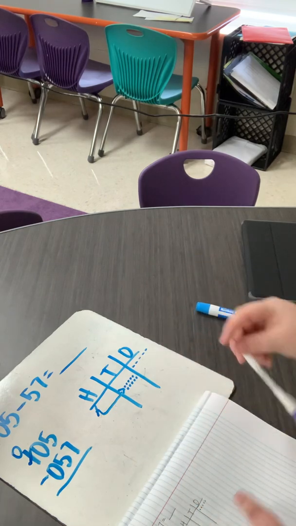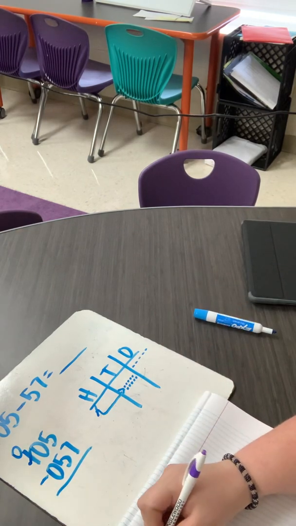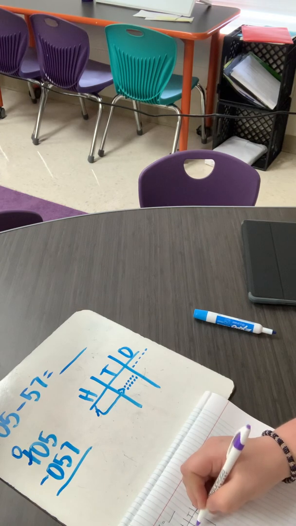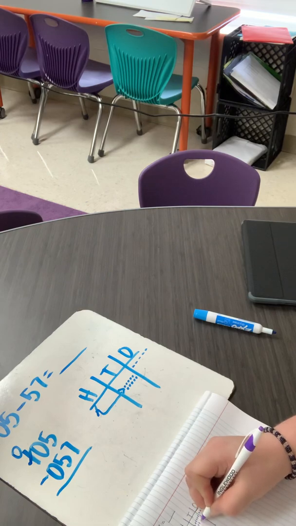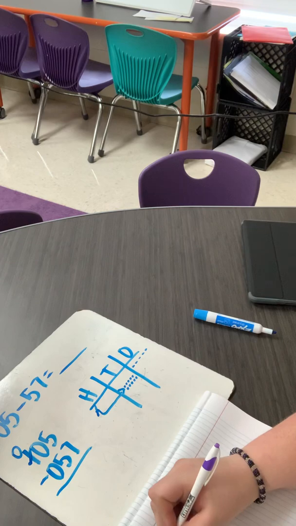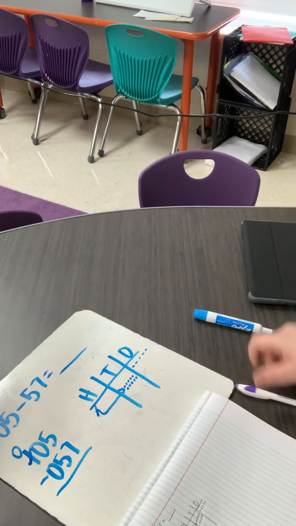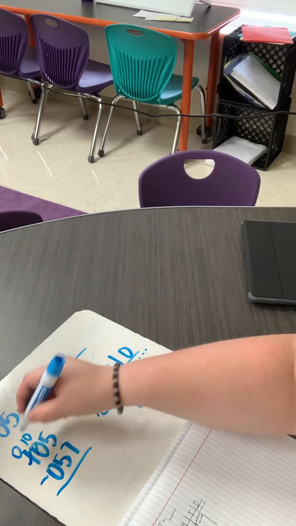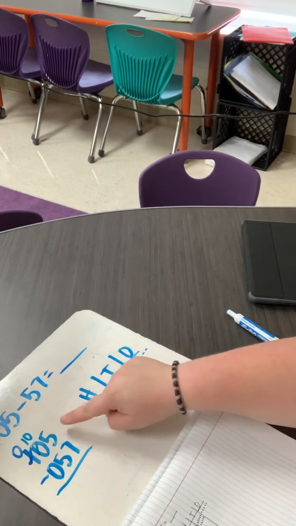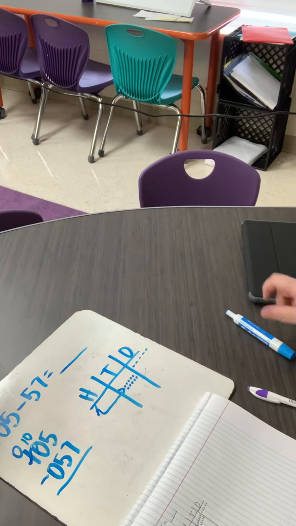I'm gonna do it on my paper to kind of keep up with it. I have 0. I'm going to unbundle it. 1, 2, 3, 4, 5, 6, 7, 8, 9, 10. Oh, so now I know that I have 10 in the 10 spot, but I'm not finished yet because remember, my ones place needs some more ones so I have enough to subtract.